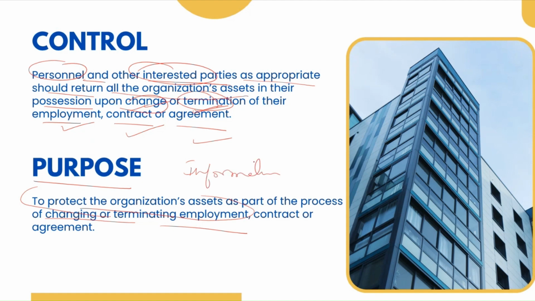Because if you give away, who knows, they might use this system for performing any malicious activity as well. Who knows that the information they have stored in their system can be used against your organization to create malicious activities. So it's always better, and it specifically calls out that all the assets must be returned.